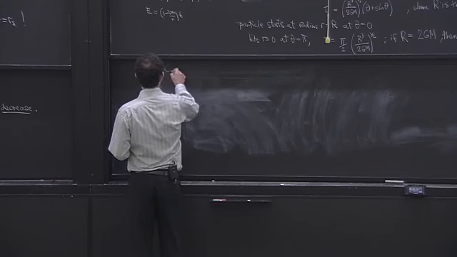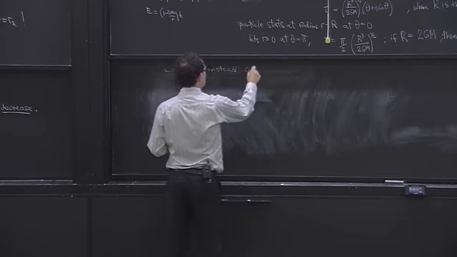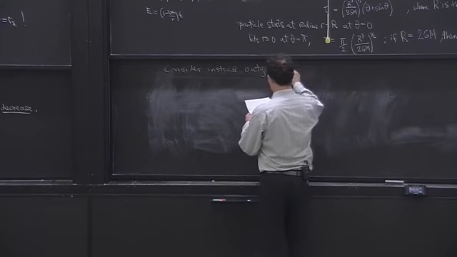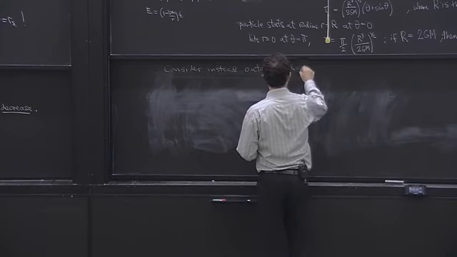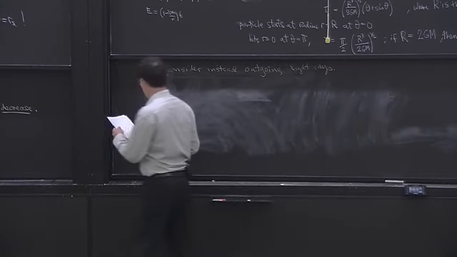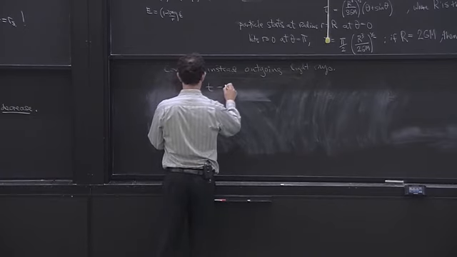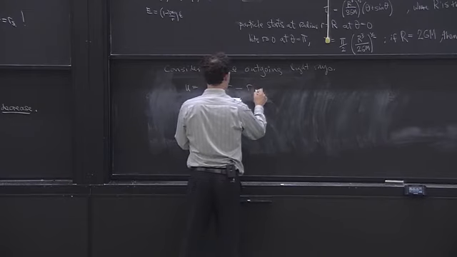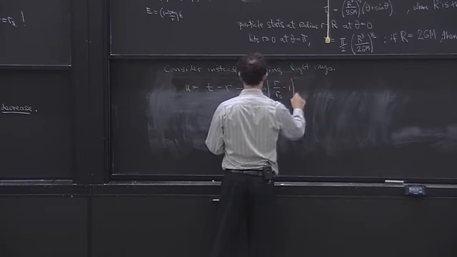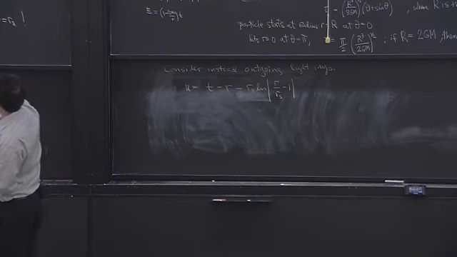Okay, so now let's consider instead outgoing light rays. And in the same way, we define U to be t minus r minus rs log modulus of r over rs minus 1. Let me just see if that's obvious.